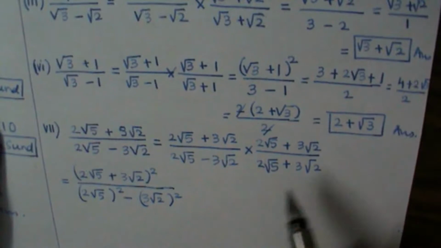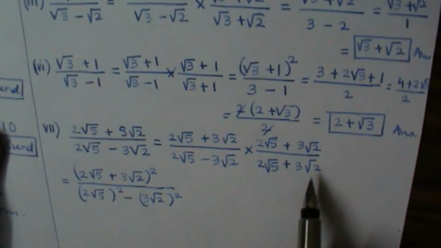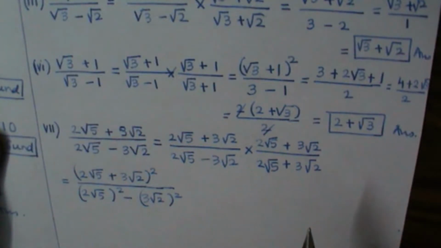Which identity have we used over here? A minus b into a plus b is equal to a square minus b square.